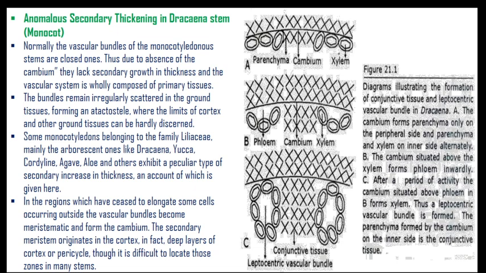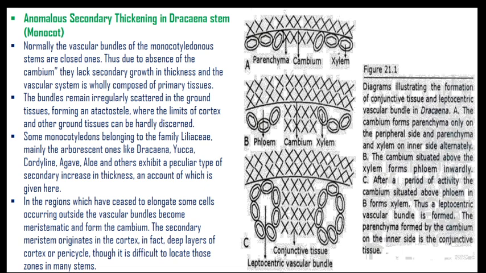In the regions which have ceased to elongate, some cells occurring outside the vascular bundles become meristematic and form the cambium. The secondary meristem originates in the cortex, in fact in deep layers of the cortex or pericycle, though it is difficult to locate those zones in many stems.